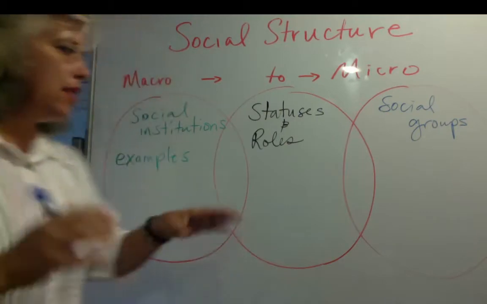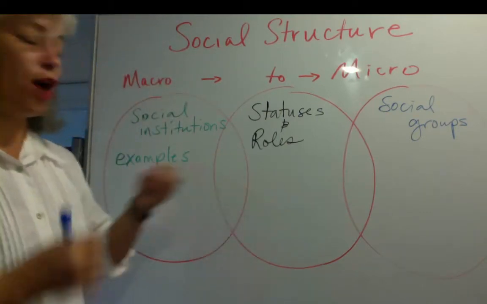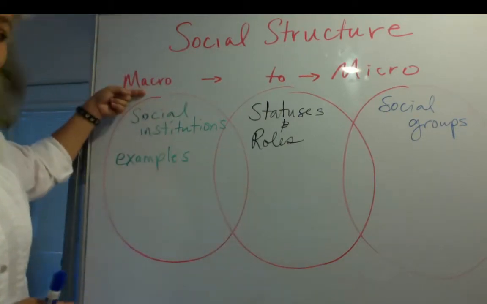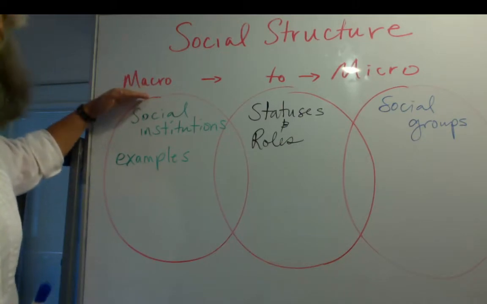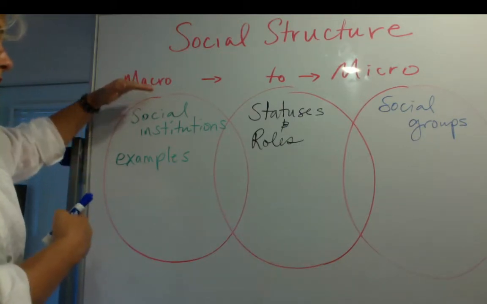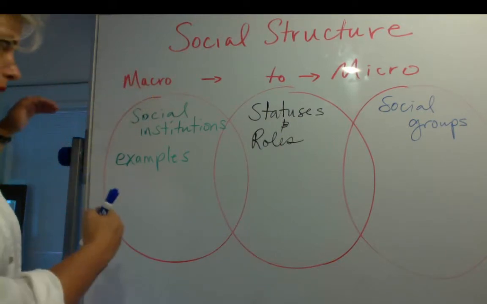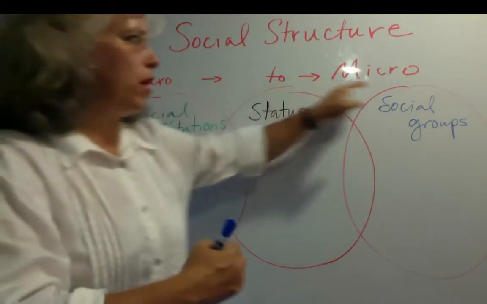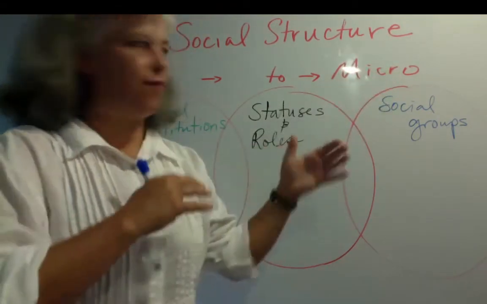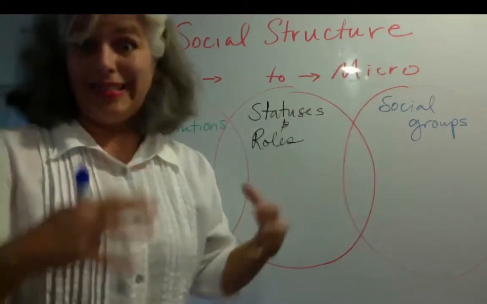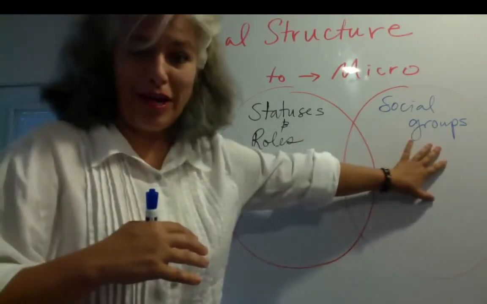They overlap, they touch, they are linked. There is a constant connection between macro sociology, what I'm pointing to on the left-hand side of the board, all the way over to the right-hand side, where I've got micro ideas linked, okay?